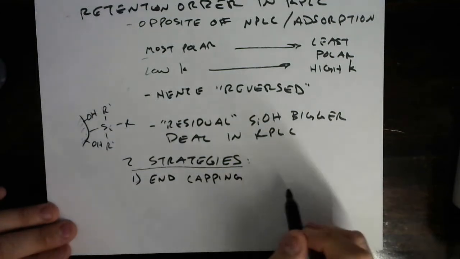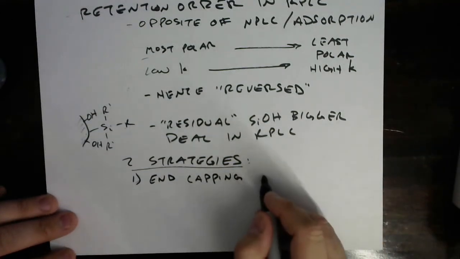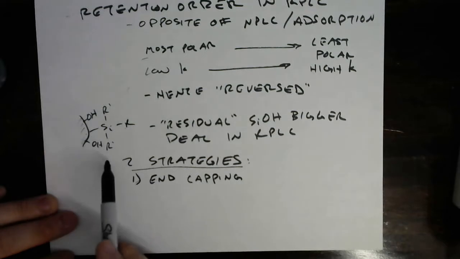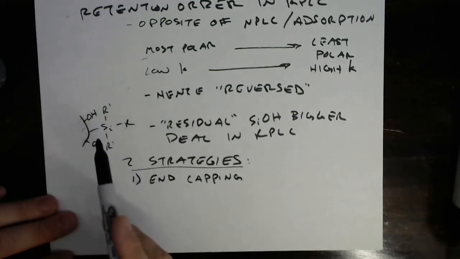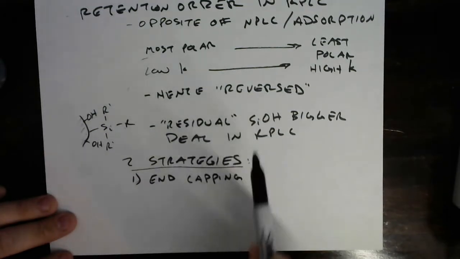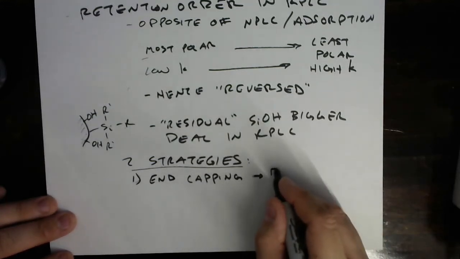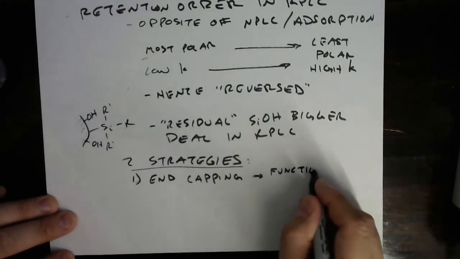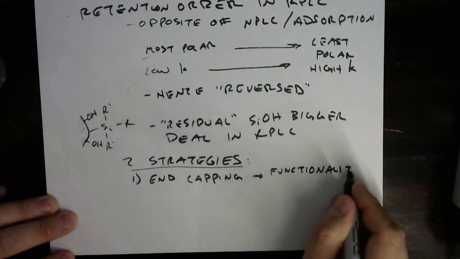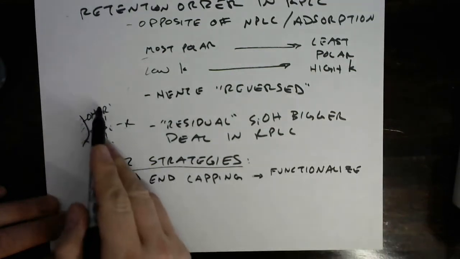And the idea here is, in the fabrication of these columns, so this isn't during your chromatography experiment, but in the fabrication of these columns, we're going to functionalize the residual OHs.